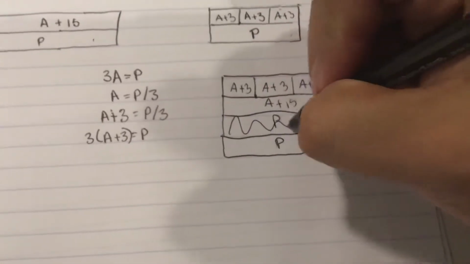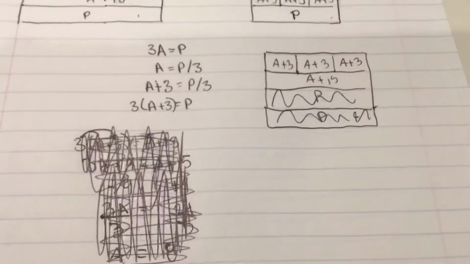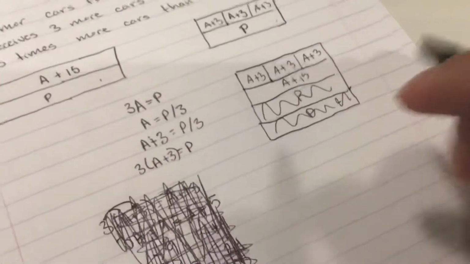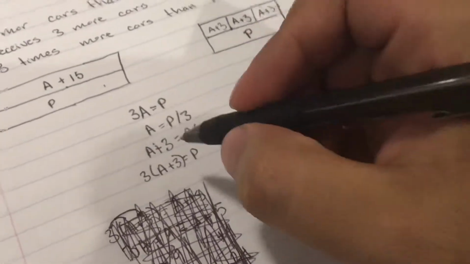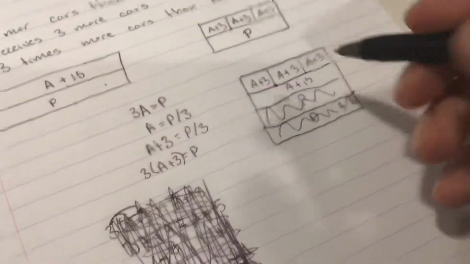Remember the question was, how many cars did Alex have to begin with? We only have to look at the ones that include Alex. So here we could eliminate this P and this P. So now what we're gonna do is we're gonna set up our equation. So remember this 3 times A plus 3 is the same thing as this piece right here.